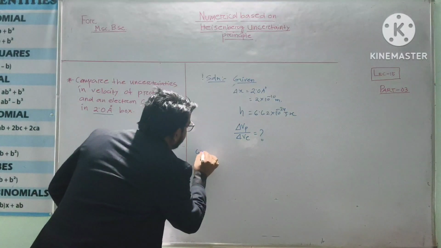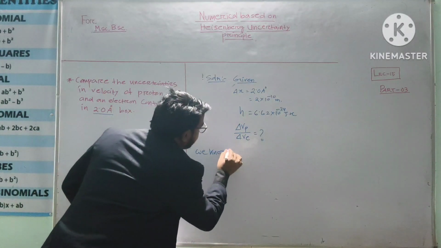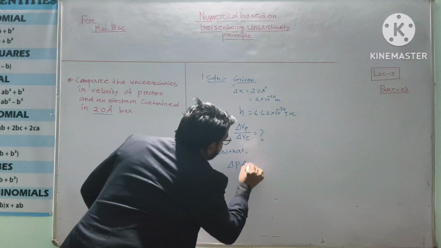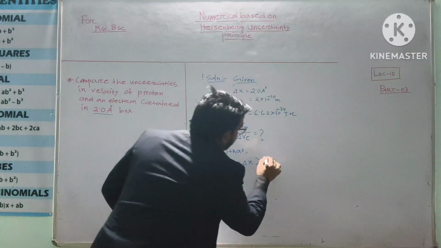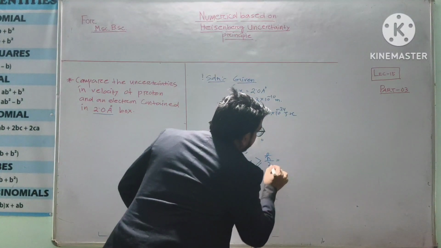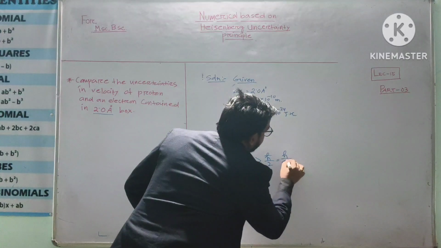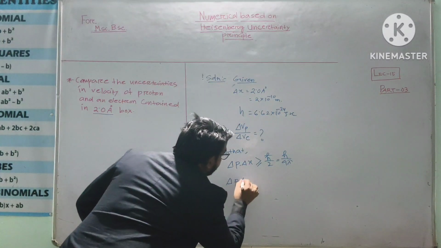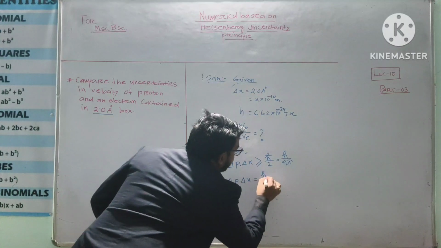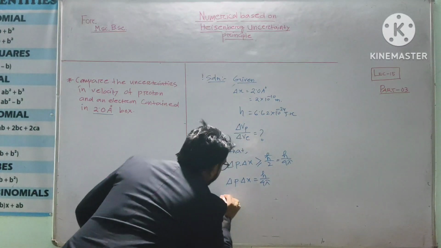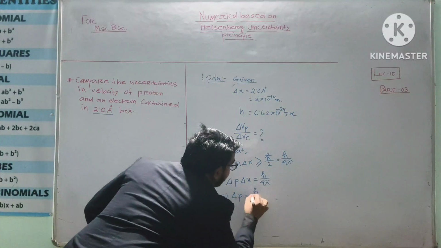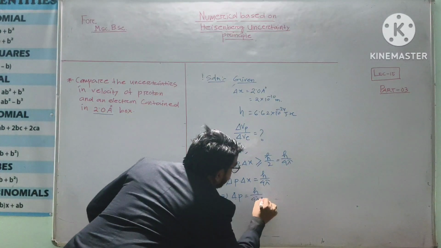We know that Δp × Δx ≥ h/2π... that is, h/4π. And again Δp × Δx = h/4π, and this gives Δp = h/(4π Δx).